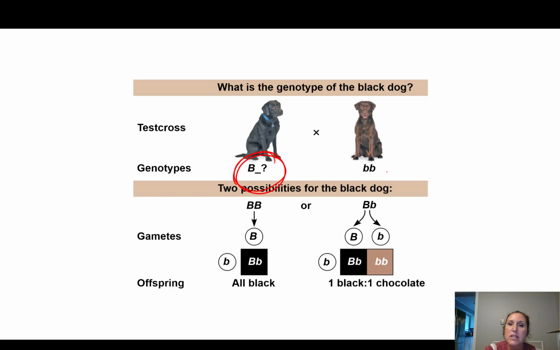And the only way to know is to cross him with the brown dog, which is homozygous recessive. And so we know that if all of our offspring are black, then this guy is big B, big B. If we get a couple of chocolate or a couple of brown labs, then we know that that's little b. Okay? So now it's time for you to work on some of these on your own.